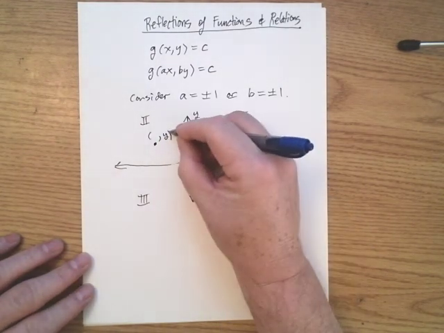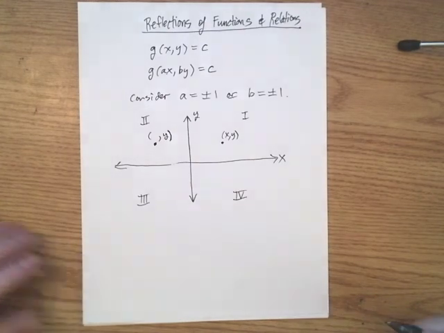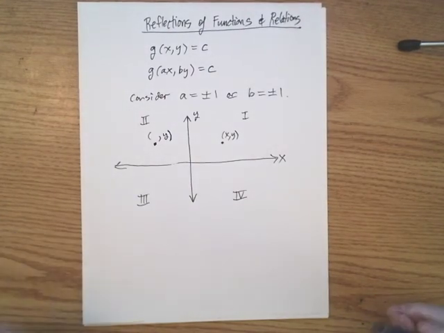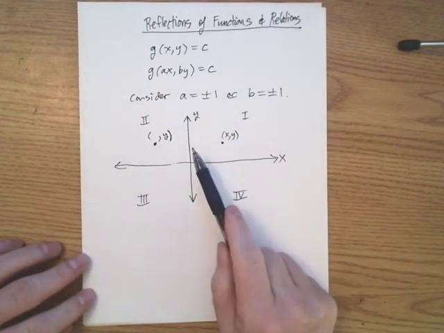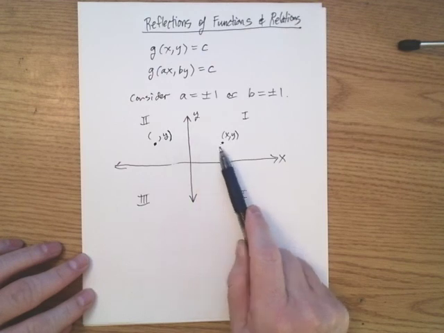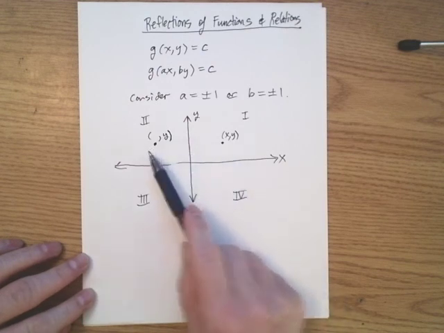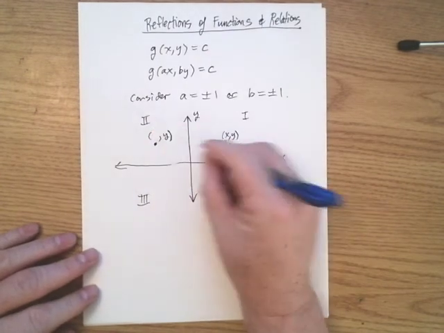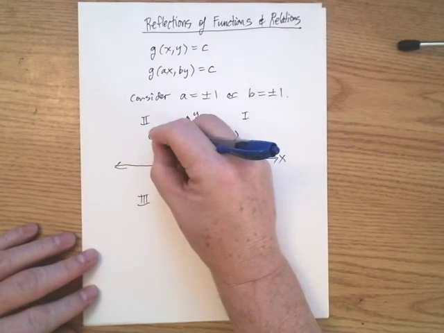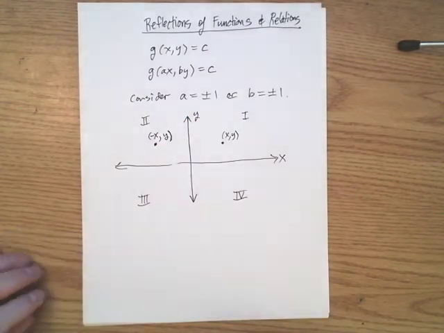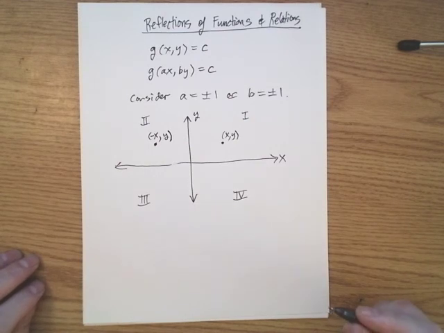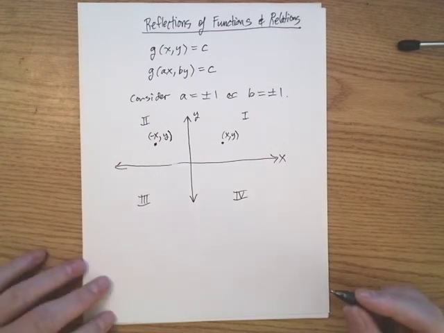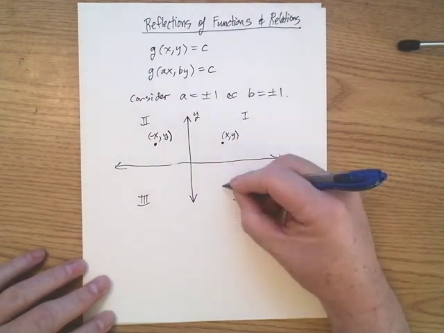So I can do this so far. There, let's make that look like parentheses. What about the x-coordinates, though? Wait a minute. They have the same absolute distance from the y-axis, but they're actually oppositely directed. So, in fact, if this is x over here, this is minus x over here. So there is the point reflected across the y-axis, okay?